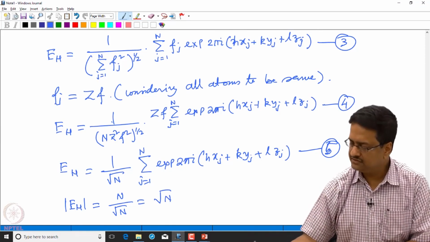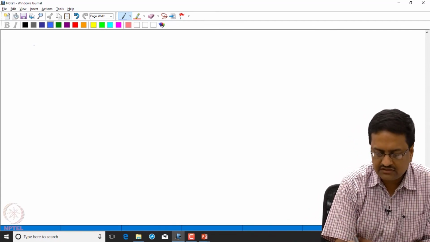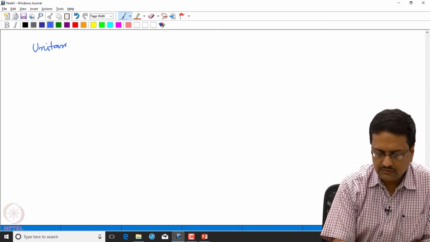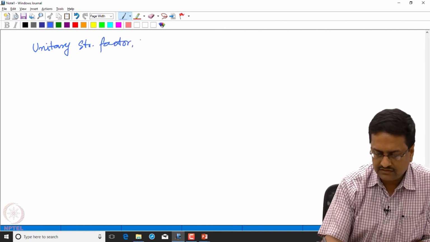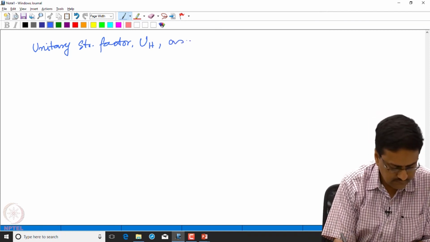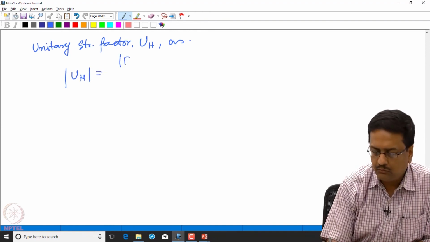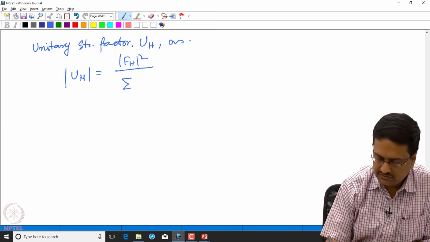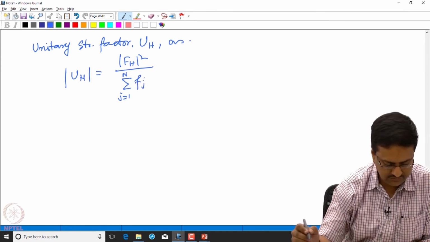So using this expression we can write the expression for the unitary structure factor, that is U_H, as mod U_H is equal to mod F_H divided by the sum over j equal to 1 to n of f_j.